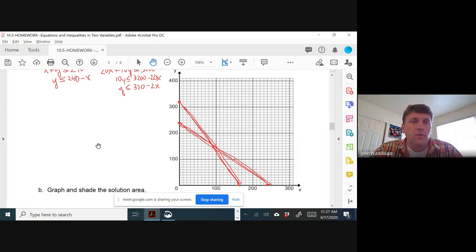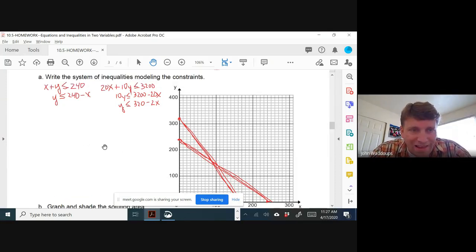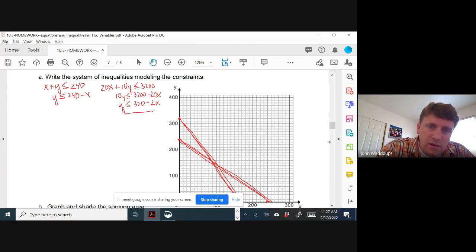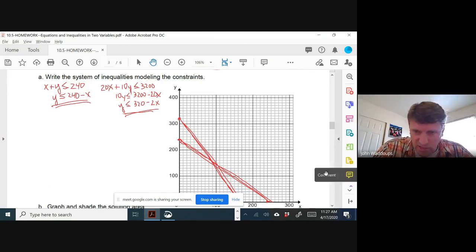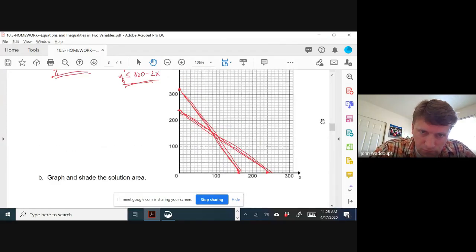And then when you solve this and you got y less than a certain amount, in both cases we see y is less than 320 minus 2x, or y is less than 240 minus x, you shade below the line. So we shade below this line here.